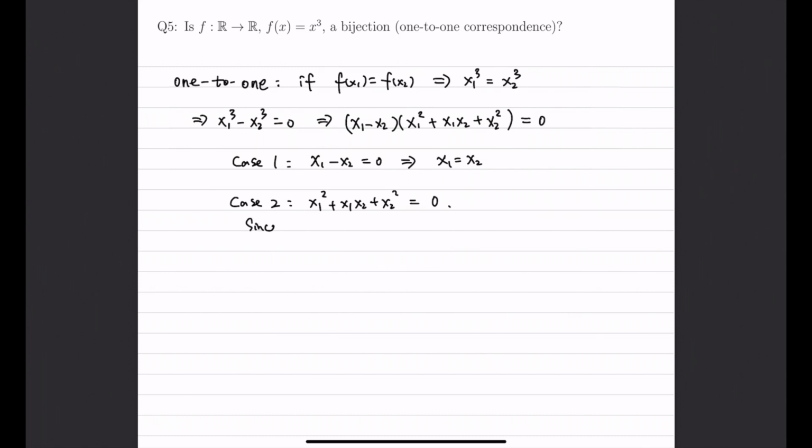Since x1 squared plus x1 x2 plus x2 squared is equal to x1 squared plus x1 x2 plus a quarter of x2 squared plus 3/4 of x2 squared, we can reorganize this into the sum of two squares. So it becomes x1 plus half of x2, squared, plus 3/4 of x2 squared.